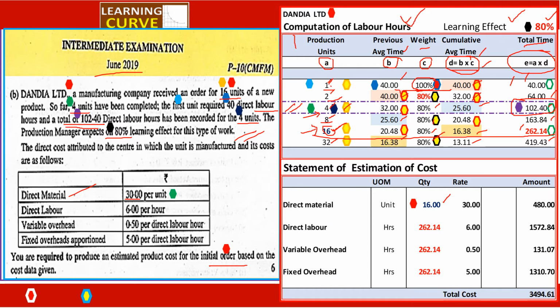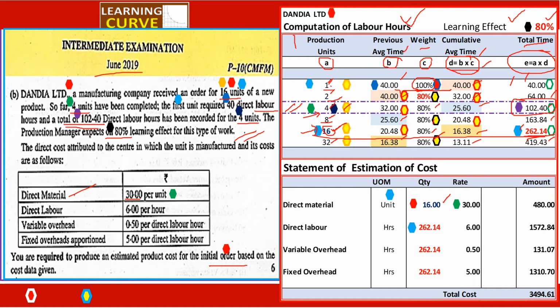Per unit, it is 30. Therefore, I put 30. Second, the 16 is what we had received the order. 262.14 is the labor hour for 16 units. This is what we get here.